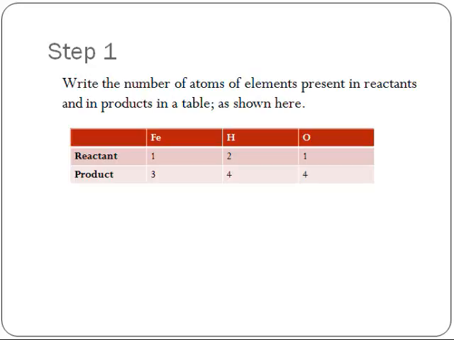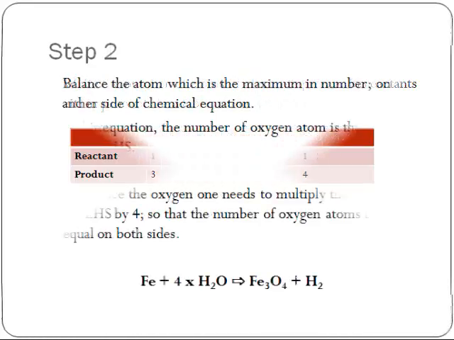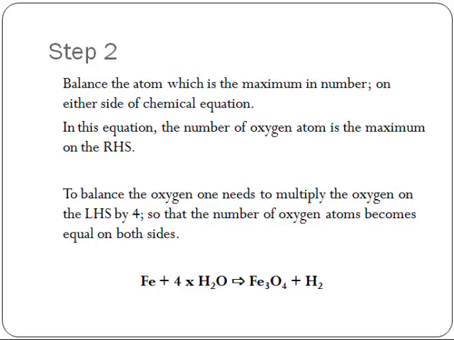Now, in the second step, we'll balance the atom which is the maximum in number on either side of the chemical equation. So, in this oxygen is 4 on the product side and 1 on the reactant side. So, we'll multiply H2O with 4 on the reactant side to make it 4 on both the sides.